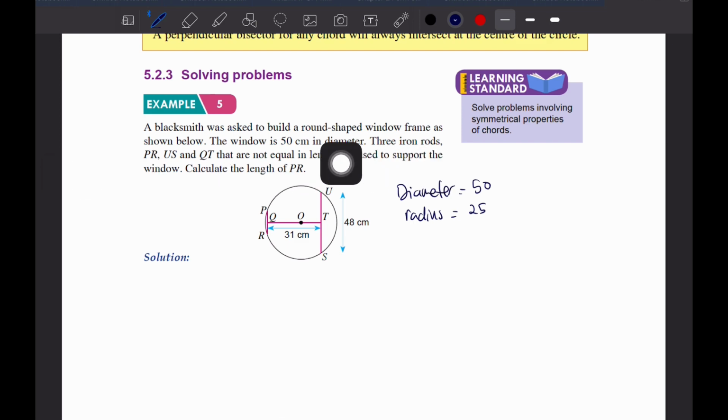3 iron rods PR, US, and QT that are not equal in length are used to support the window. Calculate the length of PR. So PR.